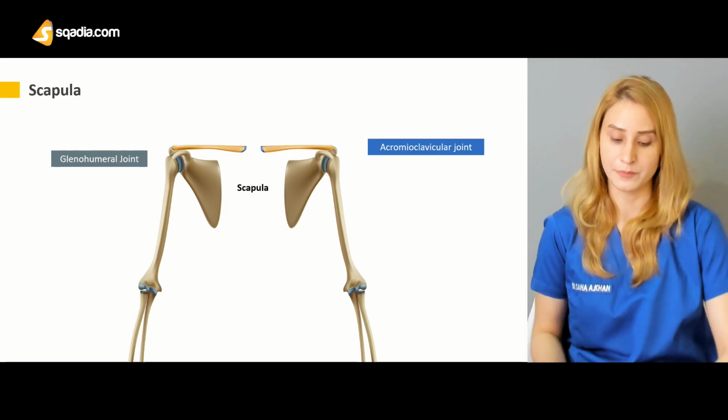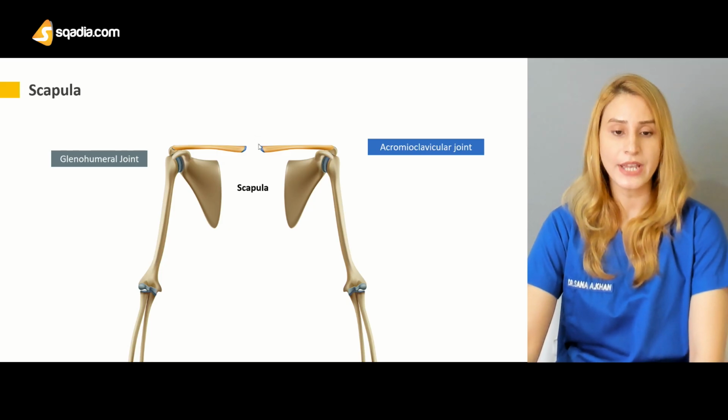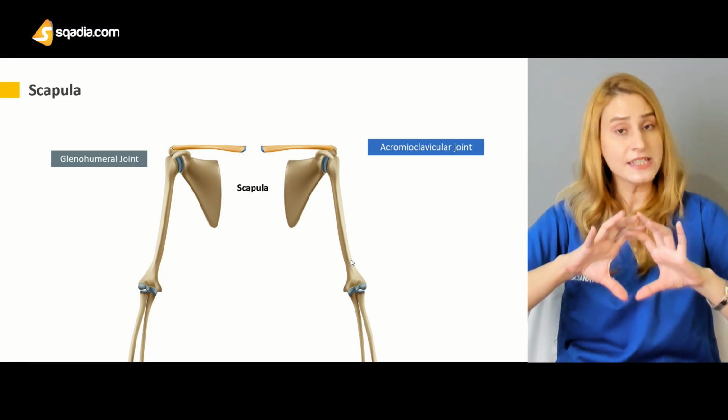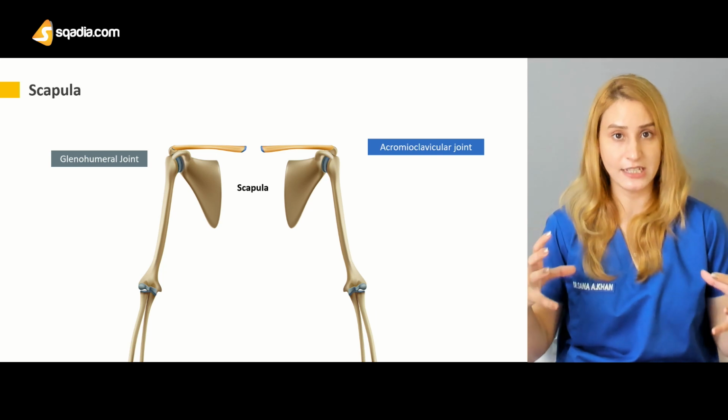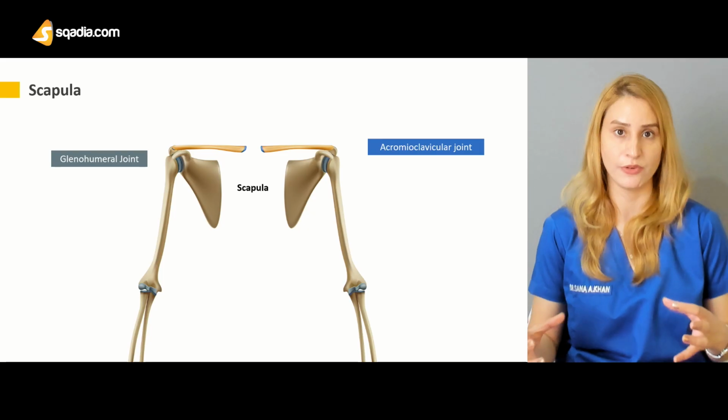You can use these interchangeably. Here is the clavicle, this is the scapula, and this is the humerus.